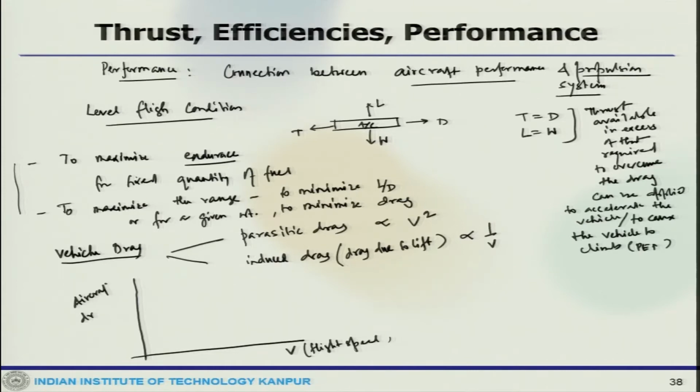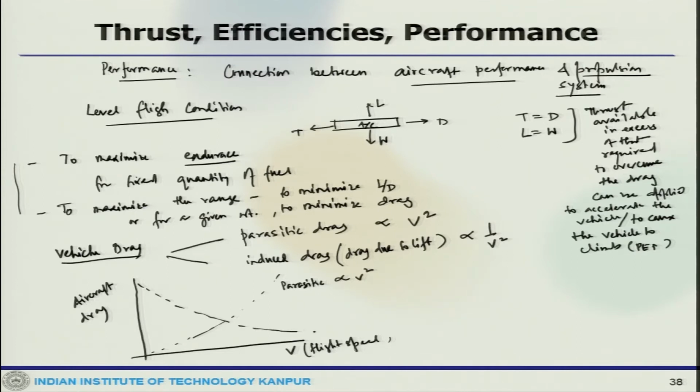With flight velocity, parasitic drag will increase. It goes like that. This is the parasitic one, which is proportional to V square, and the induced drag would be 1 by V square. So, this will come down like this.